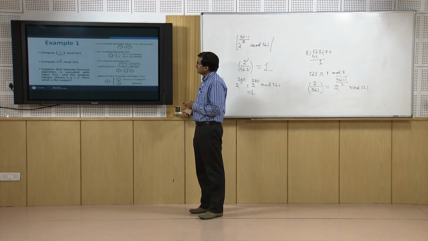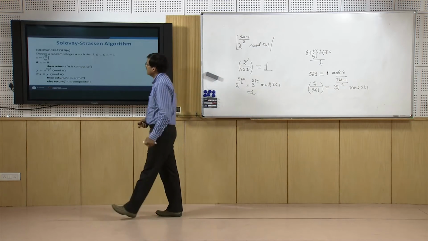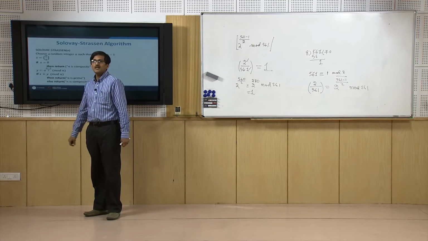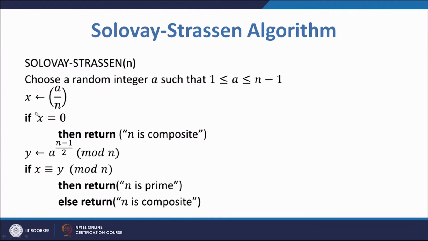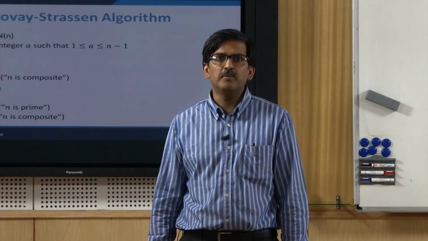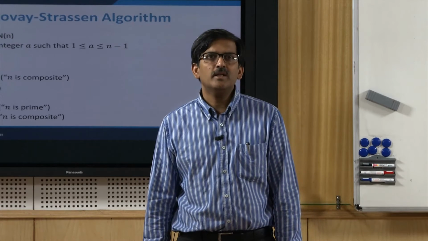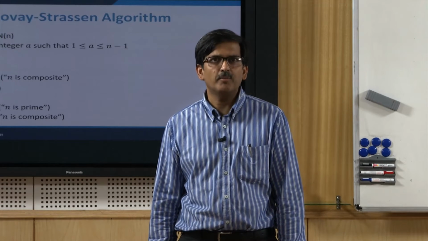That means that this pair 2 and 561 satisfies this condition, and that is why the Solovay-Strassen algorithm will return that 561 is a prime, although it is absolutely clear that 561 is not a prime.